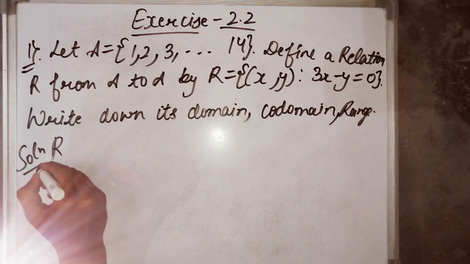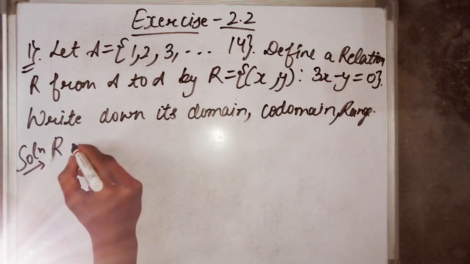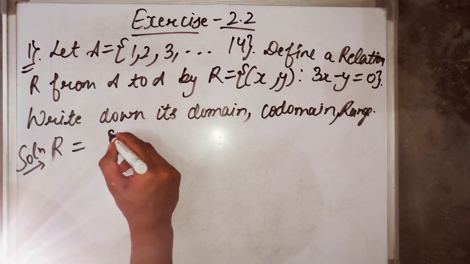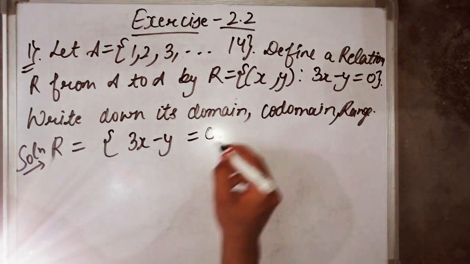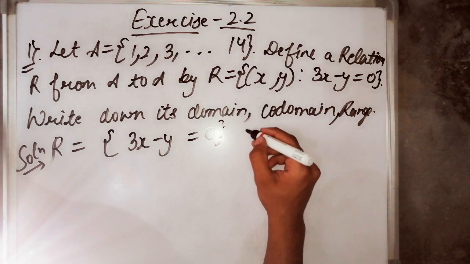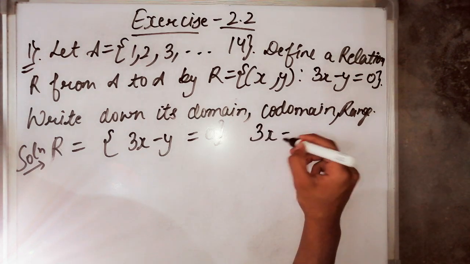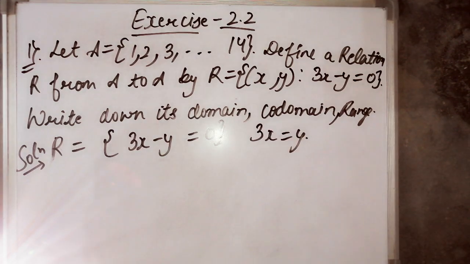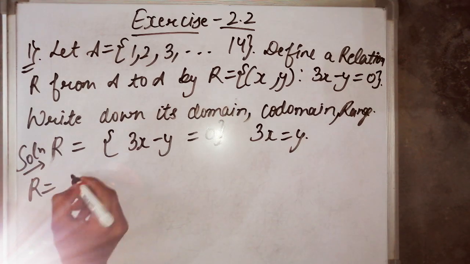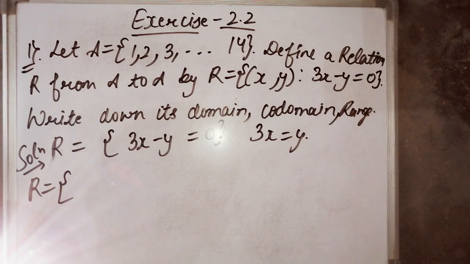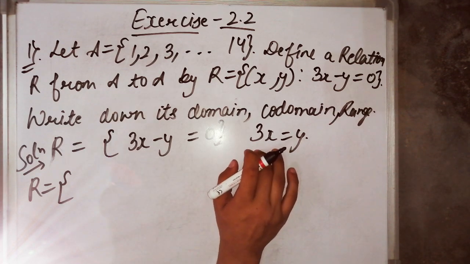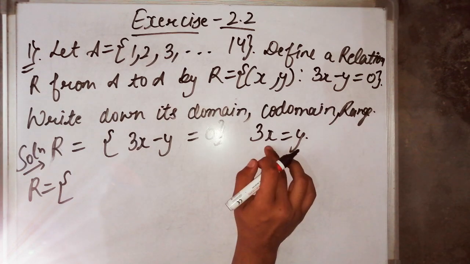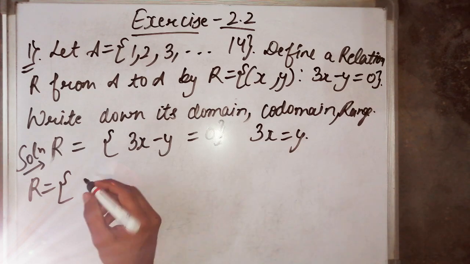Solution. R equals to 3x minus y equals to 0. We can write it as 3x equals to y. Now let's write down the relation in roster form. When we put x is equal to 1, we will have y is equal to 3.